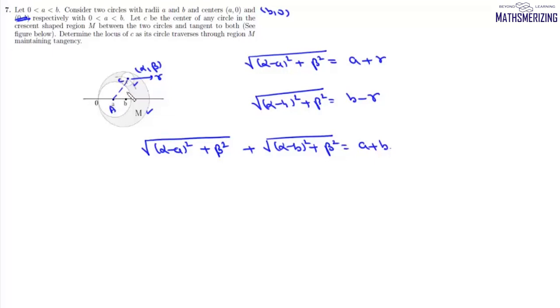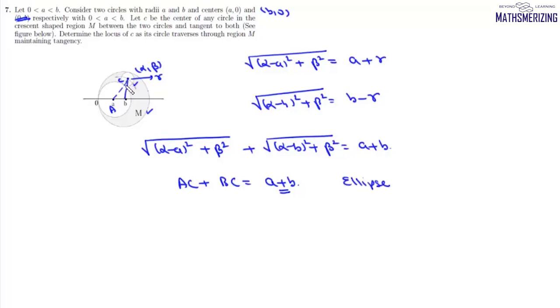Now this is A and this is C, so we can write AC plus, the other distance being from B, BC. So AC plus BC is equal to a plus b. Now we know that if the sum of distances of a point from two fixed points is constant, then the locus of this point will be an ellipse.